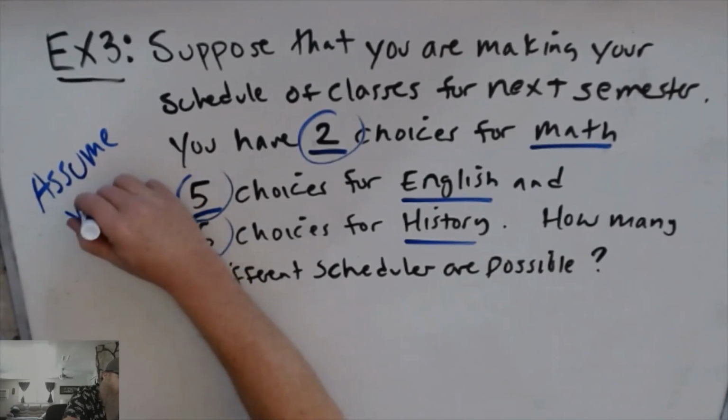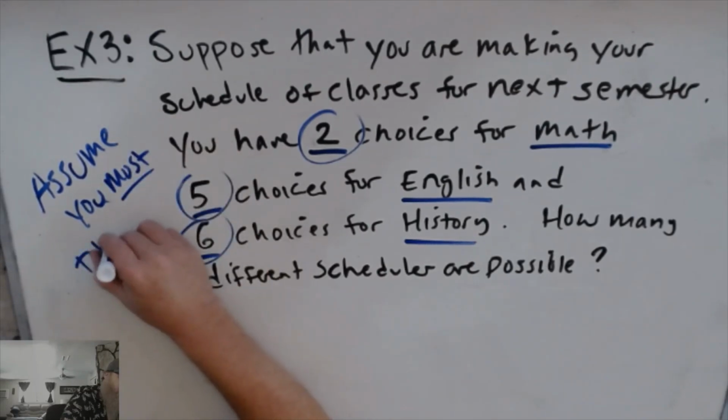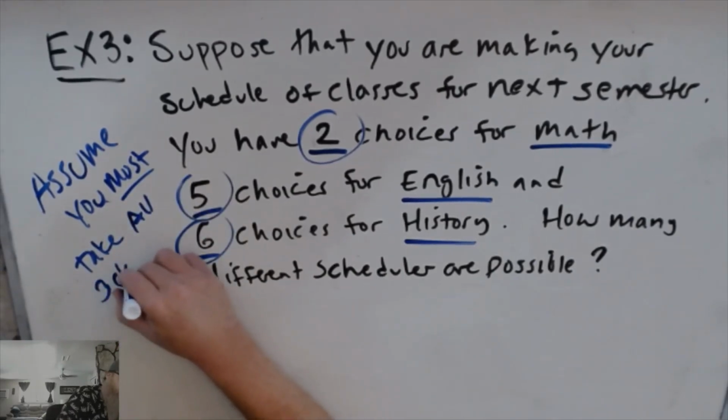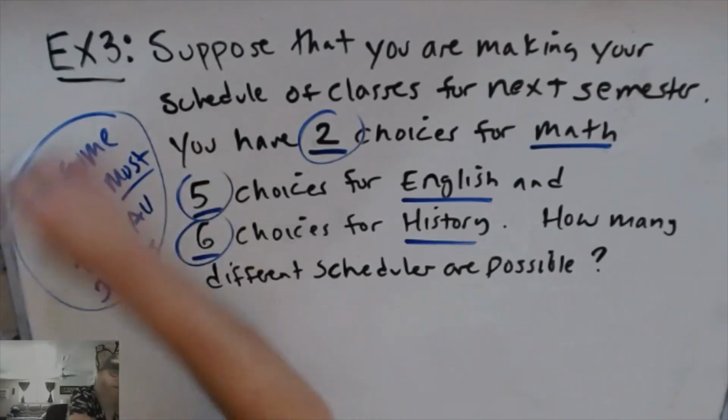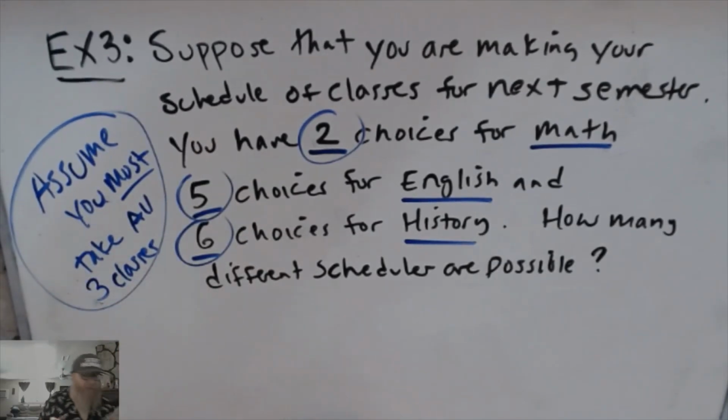Otherwise, I wouldn't ask. All 3. So for next semester, you don't get any electives. You got to take math, English, and history.